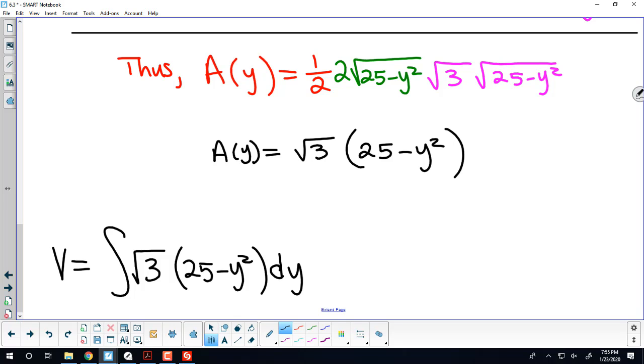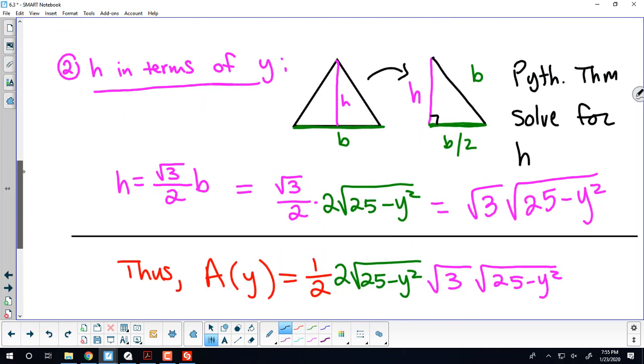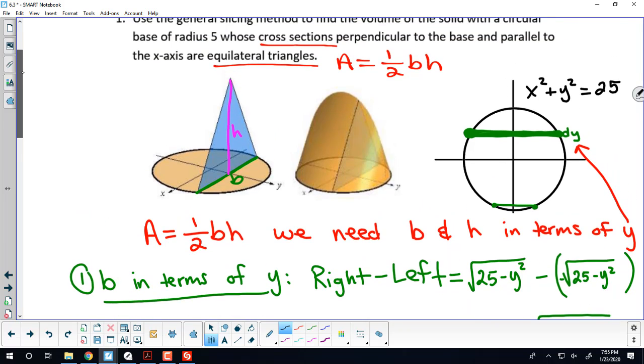What are the bounds? Let's see if anybody has those. Would it be negative y to y or negative x to x? We're integrating with respect to y. Yeah, negative y to y, right? But would it be negative 5? The 5 centimeters is 5.